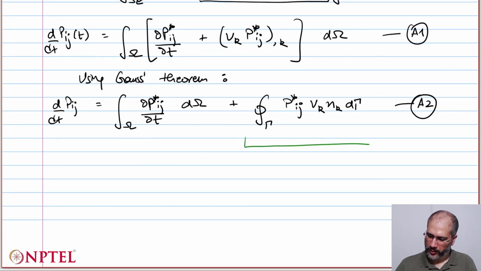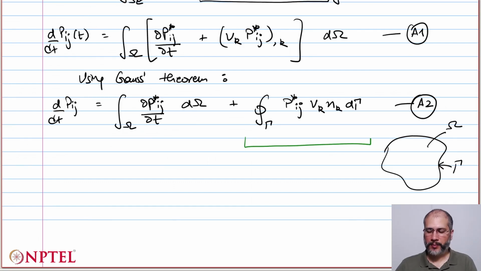So in this integral, if this is our volume omega, then the bounding surface is gamma, and d gamma is some infinitesimal surface element with a normal n hat.